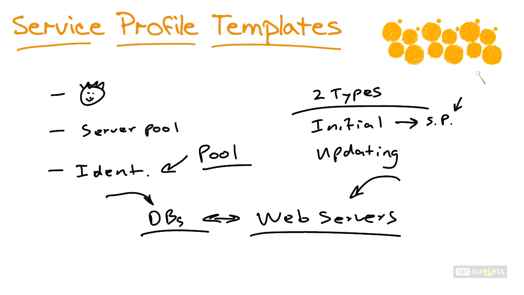We can go in there and we can manipulate that service profile as we see fit. An updating template is tied to the service profile. Okay, there is this relationship with the service profile. Why would we want to do this? Well, because we can go in and manipulate the updating template, and sure enough, that will update the service profile or profiles that are associated with it.